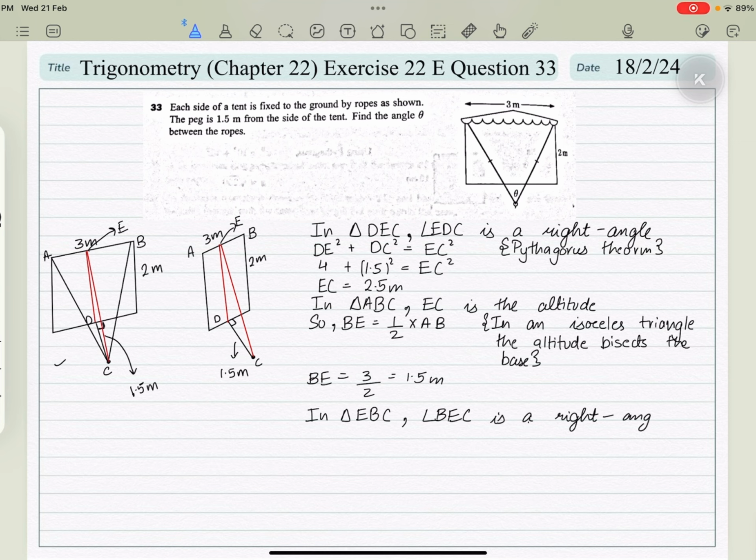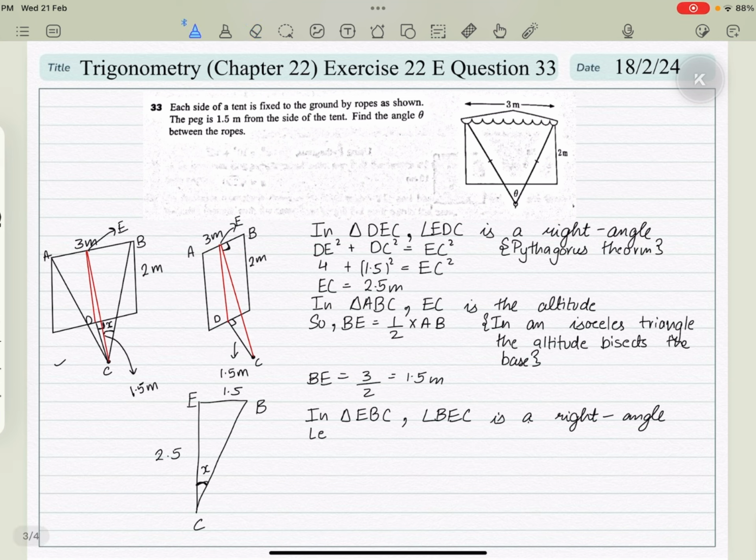This is B, this is C, and this is E. I will get this is 1.5 and this is 2.5. And now all I need to know is this angle. Let this angle be X.